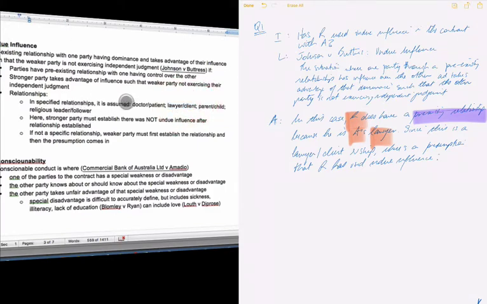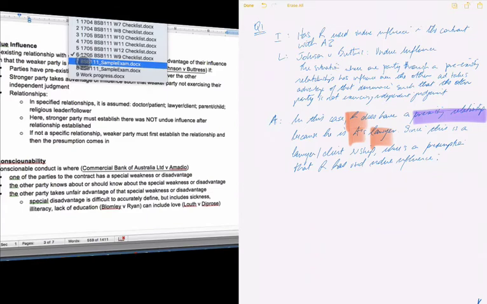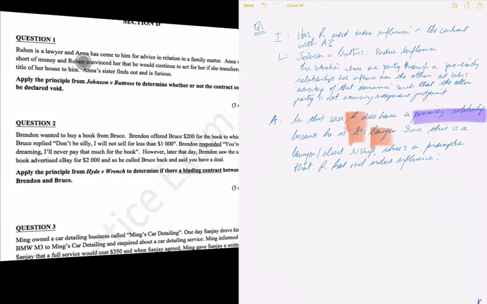Then it's presumed or assumed that they did use it. Okay, so that means Reuben is going to have to show that he didn't use undue influence. Okay, so since this is a lawyer-client relationship, there's a presumption that R has used undue influence.